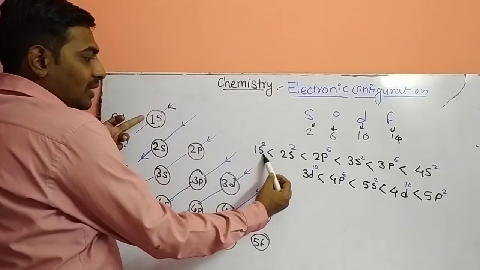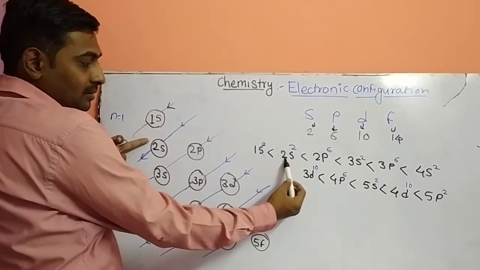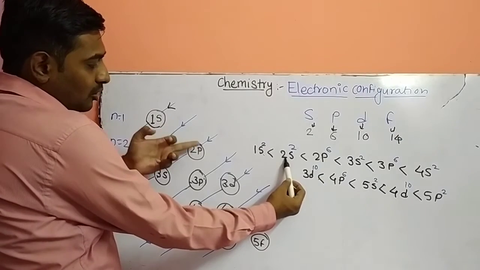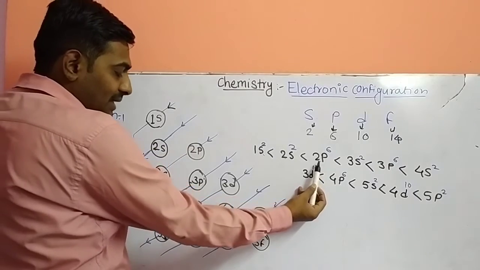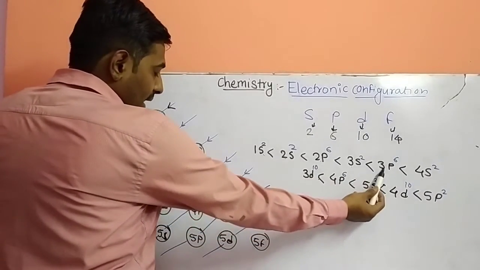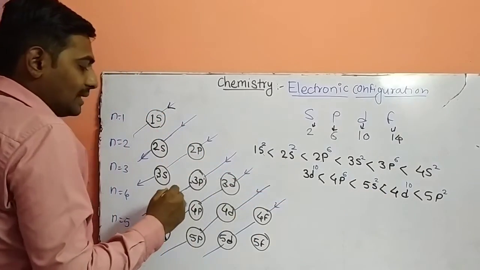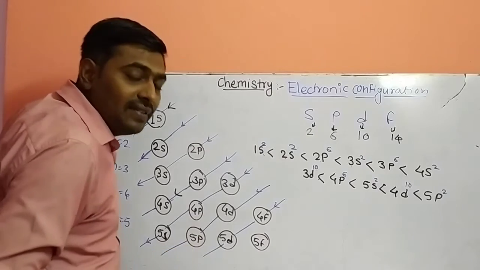Here, see, this is 1s, second is 2s, after that 2p, after that 3s, then 3p, then 4s. It means electrons enter different orbitals according to their energies.